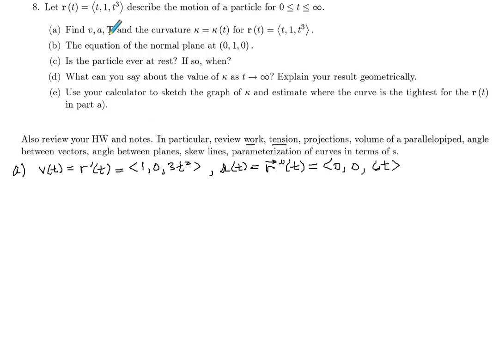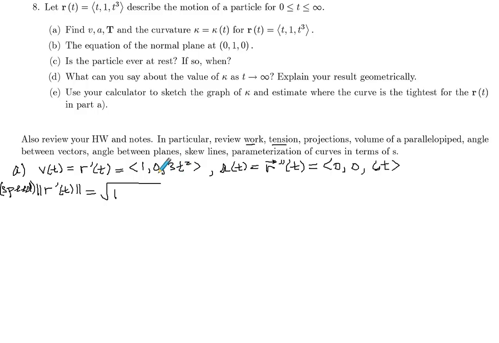Okay, and then we're going to need to find that tangent vector, which is r prime over the length of r prime. So we need the length of r prime in here, which is actually going to be the speed. Parenthetically. And so the length of r prime is the square root of the sum of the squares of the components. So square r1, and we got a 1.